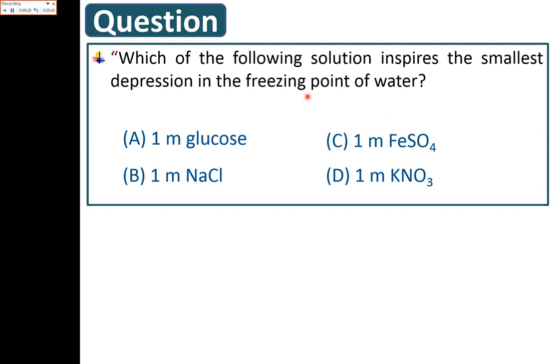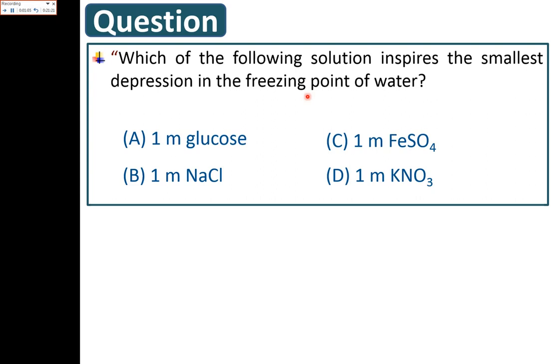You remember that colligative properties depend on the concentration, not on the identity of the salt. As long as they have the same concentration and the same Van 't Hoff factor, or ionization factor, they will display the same effect on the freezing point and the boiling point.